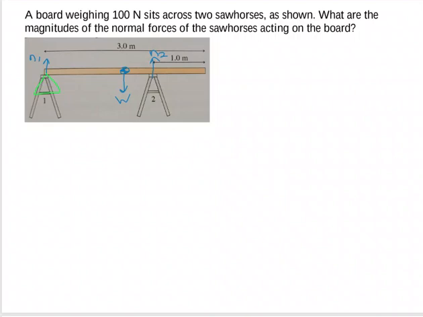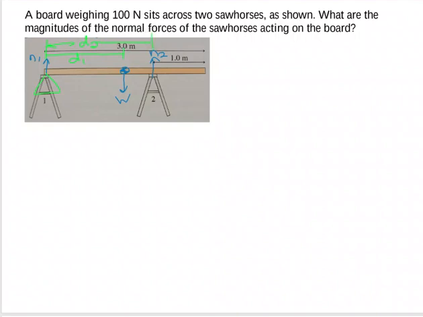So then we need the distance from Sawhorse 1 to our center of mass. That'll be D1, 1.5. And then we need the distance from Sawhorse 1 over to Sawhorse 2, so we'll call that D2. I'm doing this because I don't want to use numbers the whole time, I want to use letters.